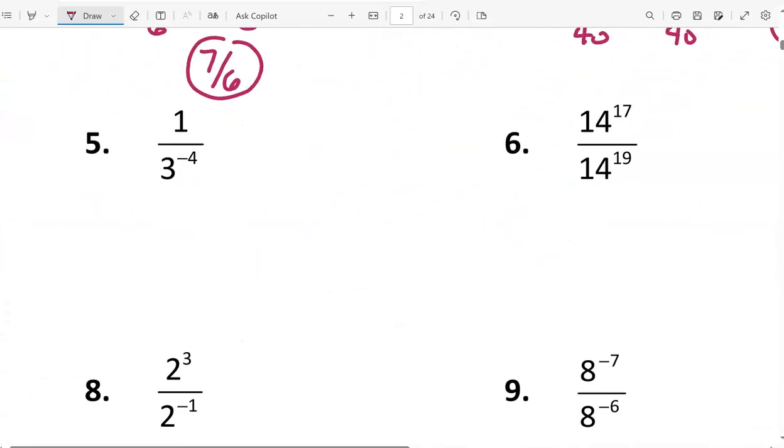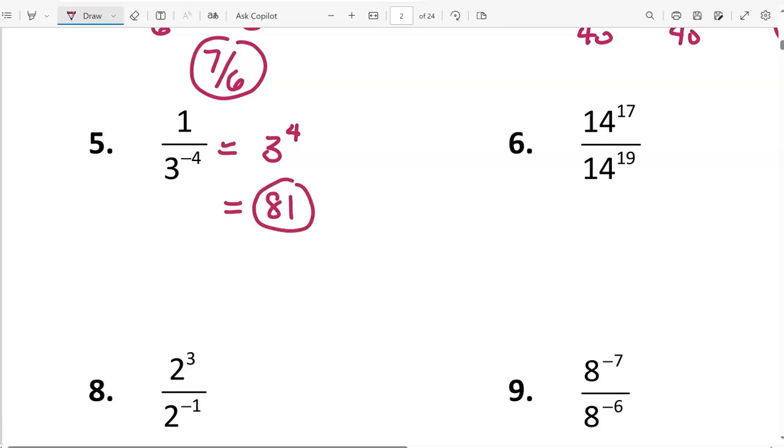For number 5, 1 divided by 3 to the negative 4 is the same as 3 to the positive 4. We can move that factor from the denominator to the numerator and change the sign of its exponent. 3 to the positive 4 is 81.